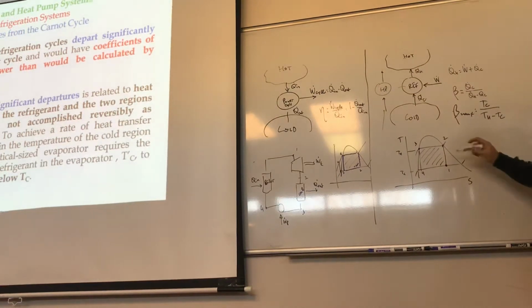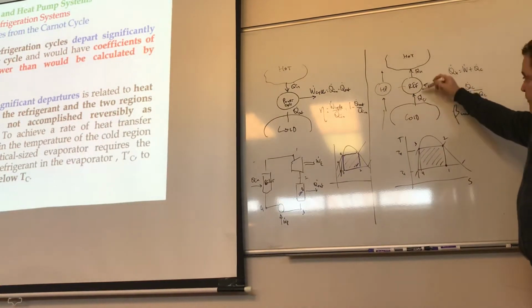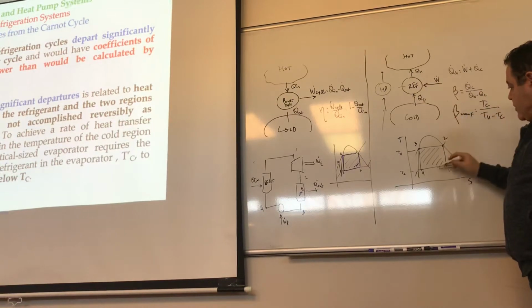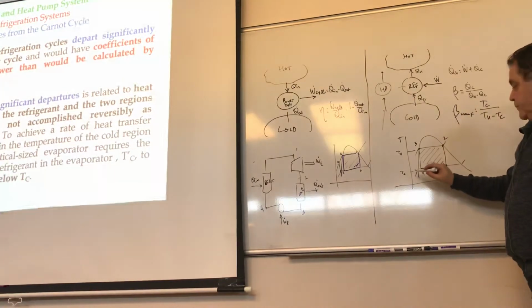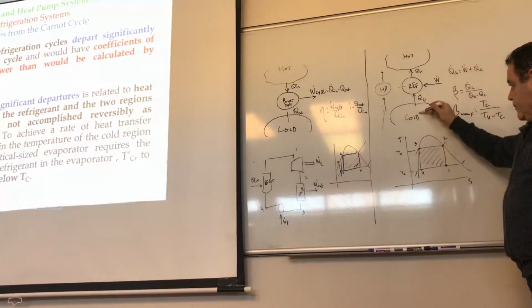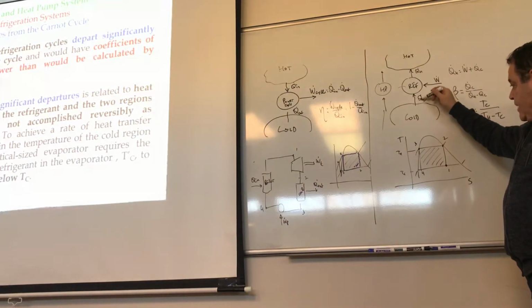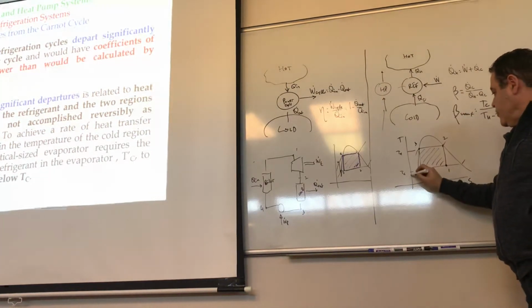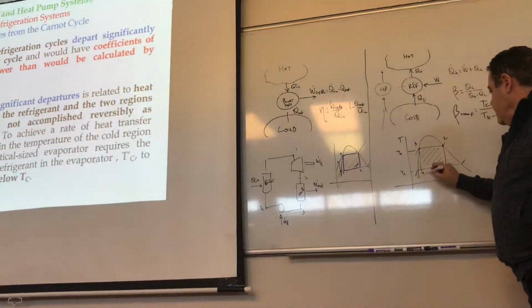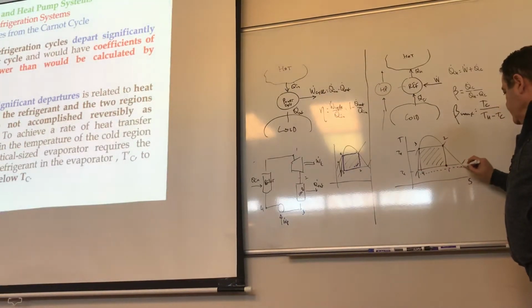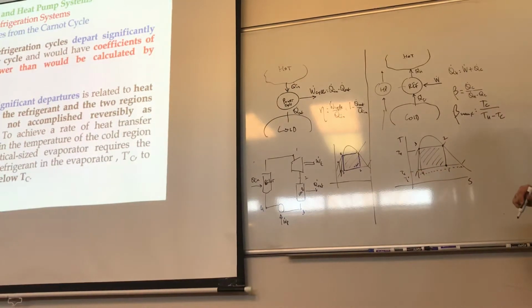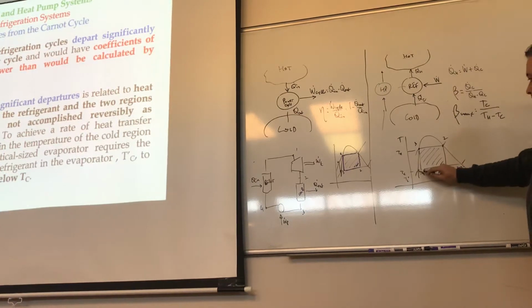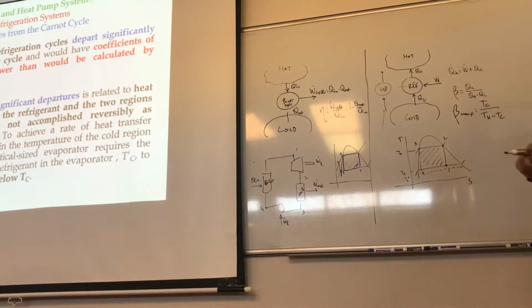Theoretically speaking, in order for heat transfer to occur from the cold region to the refrigerant, the temperature TC prime of the refrigerant has to be lower than the temperature of the surrounding, right?